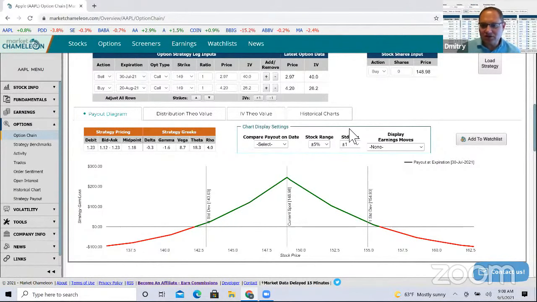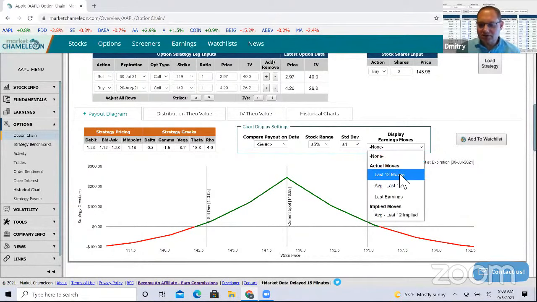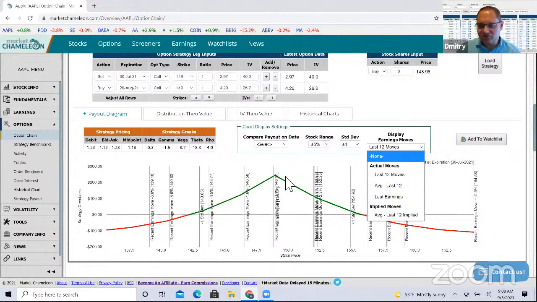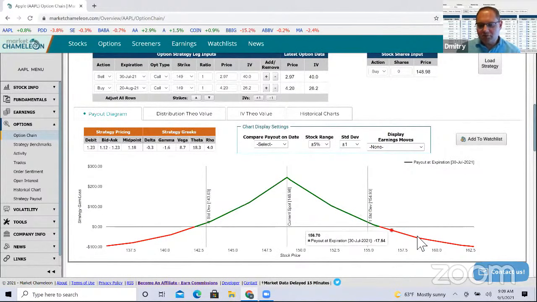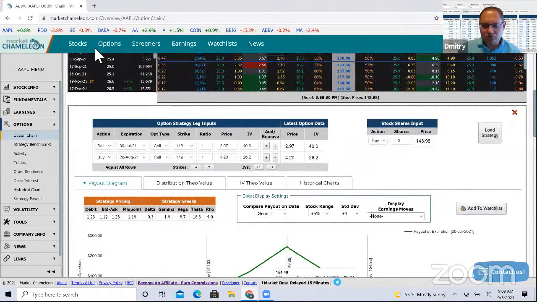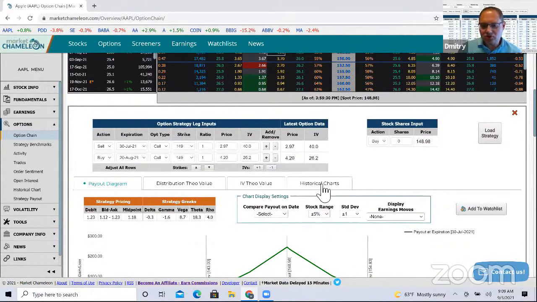I could look at historical moves and plot them against each other versus the chart, but at this point I'm just curious to see how this strategy did over that period.